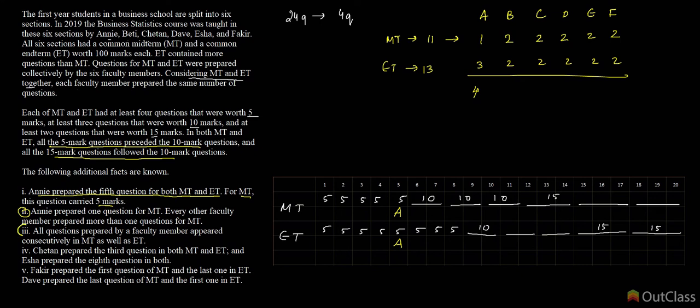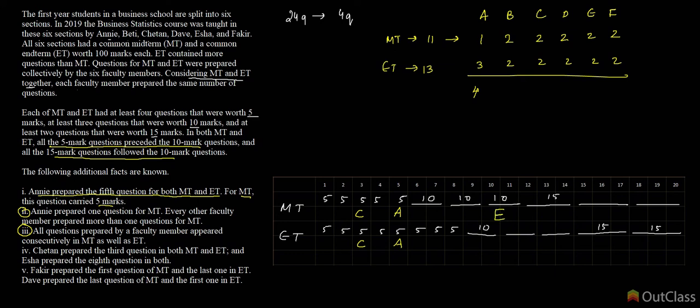Third clue says all questions prepared by a faculty member appeared consecutively in MT as well as in ET. Fourth says Chetan prepared the 3rd question in both MT and ET. Isha prepared the 8th question in both, 1, 2, 3, 4, 5, 6, 7, 8.